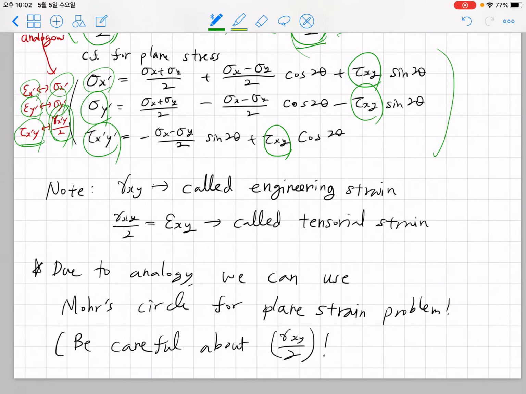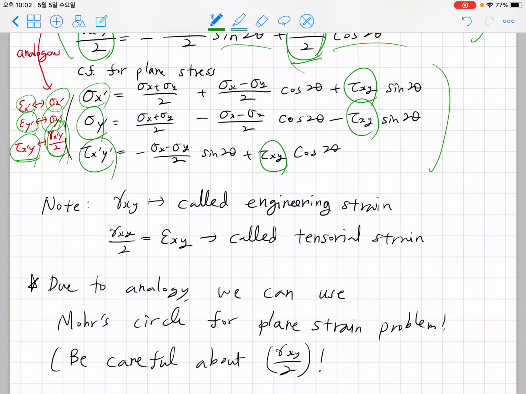Before moving on, let me make one comment. This gamma xy is called engineering strain, and you're going to learn this in a later lecture. If you consider gamma xy over 2, typically written as epsilon xy, it is called tensorial strain. You can learn about the concepts of engineering strain, tensorial strain, and tensors in the solid mechanics 2 class.